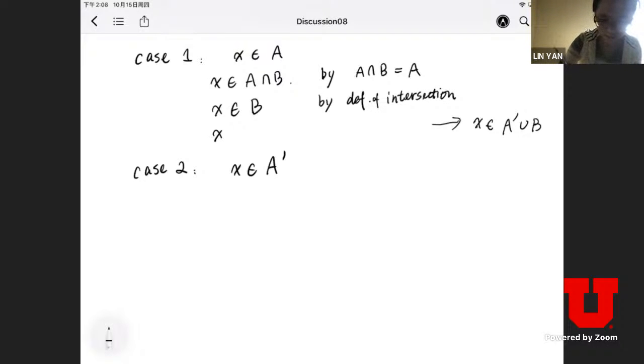And then X is an element of A complement union B. This is by the definition of union.